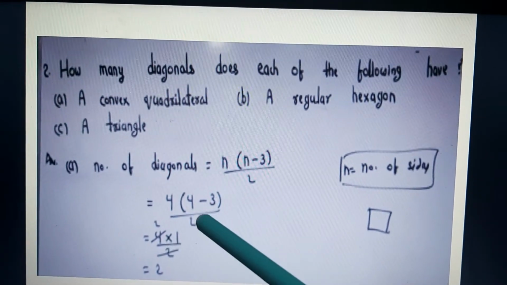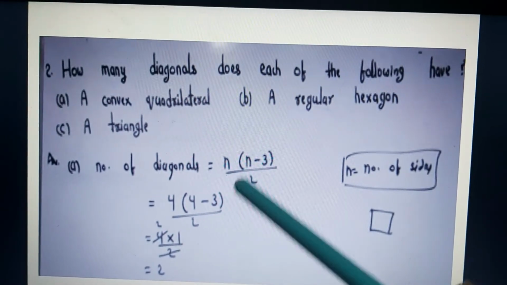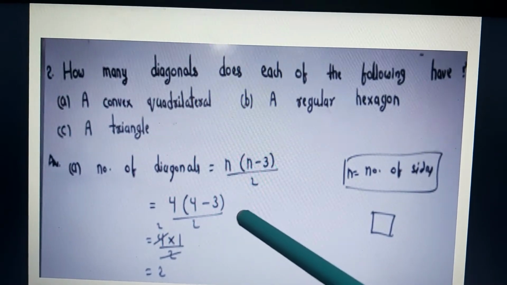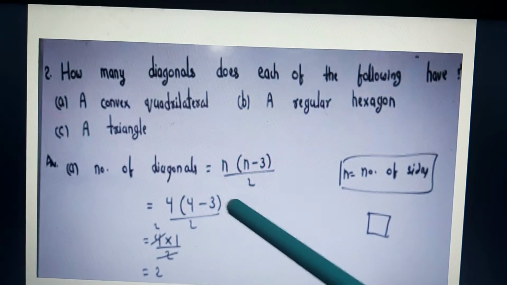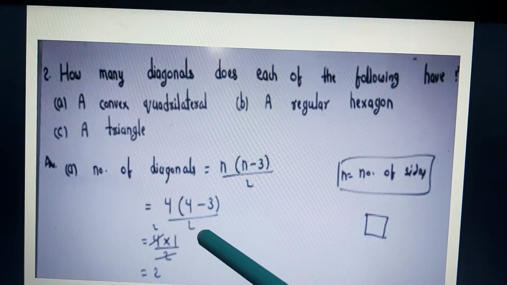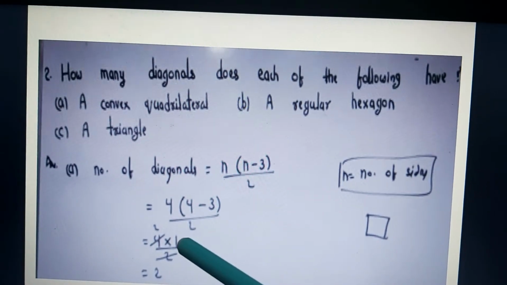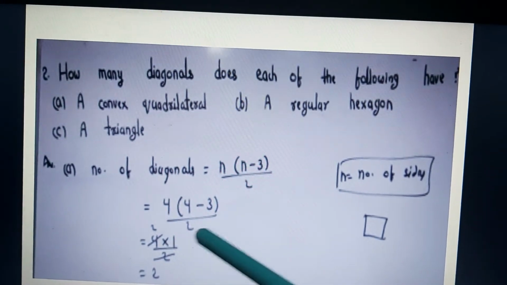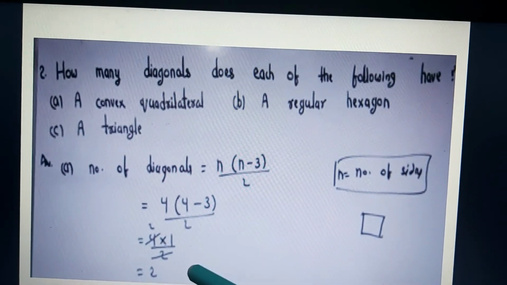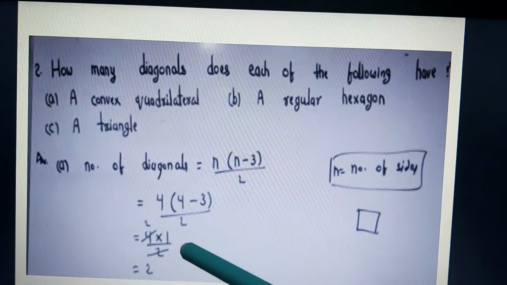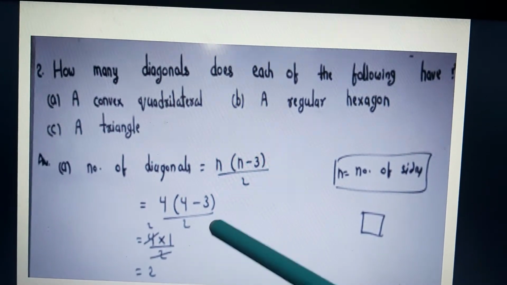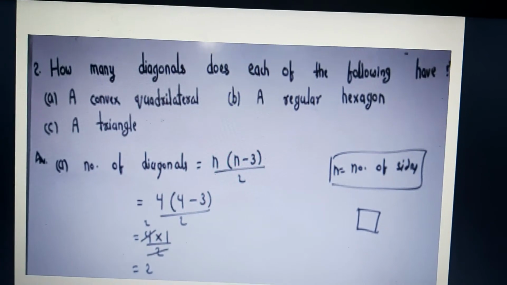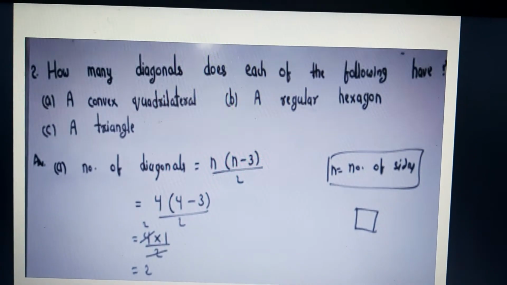So 4 into (4 minus 3), which is 1, divided by 2. We can cancel: 2 ones are 2, 2 twos are 4. So 2 diagonals will be there.